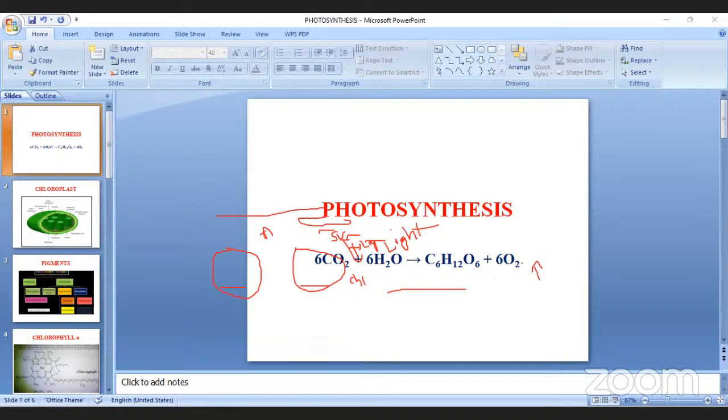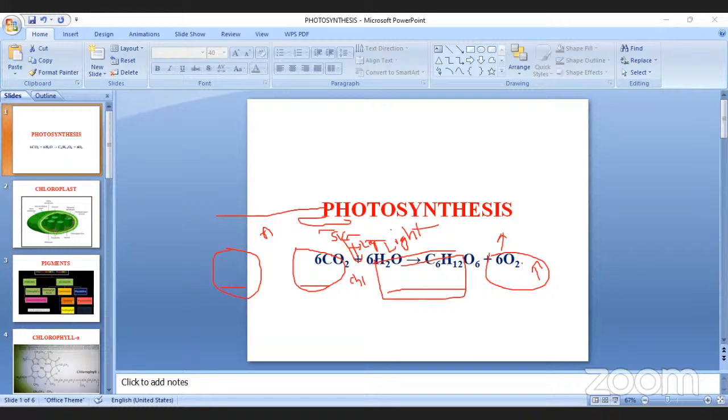As a result, carbohydrate is formed, and it is released into the atmosphere. So this is carried out in two stages: the light reaction and the dark reaction.